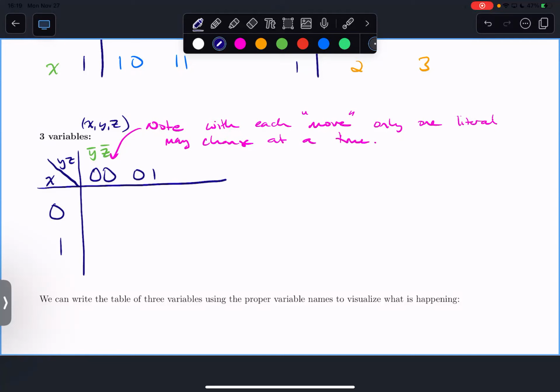So if this is 0, 1 in binary, right? If we're gonna rewrite these as labels, then if I want to have 2 here, that's gonna be 1, 0, but that means that I would have to turn Y on and Z off, and I'm not allowed to do that.